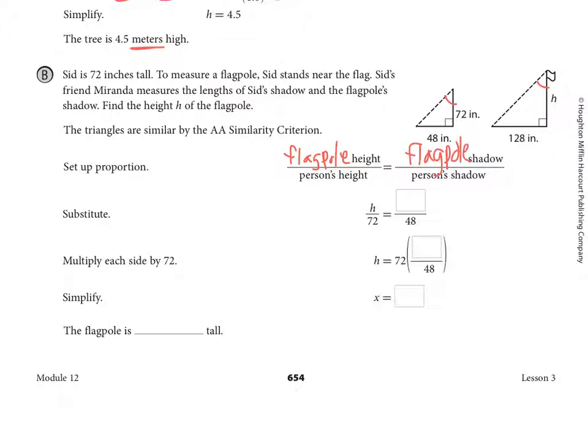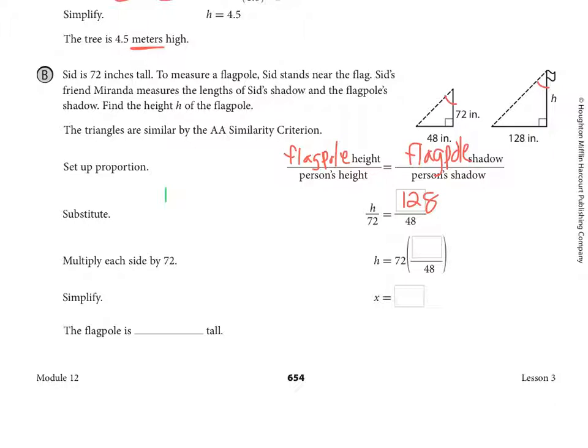There are measurements that we know and measurements that we don't. The one that we don't we'll keep in the numerator. So height to height will be h to 72 is going to equal shadow to shadow, which is 128 over 48.